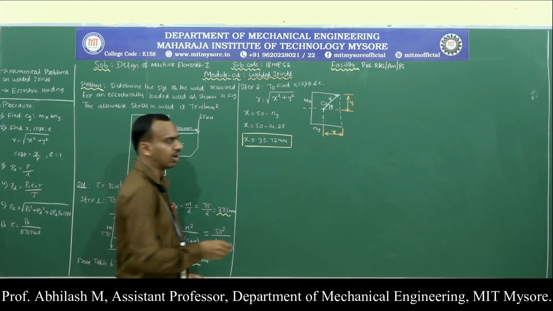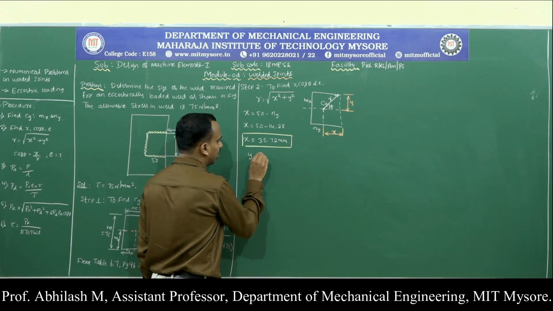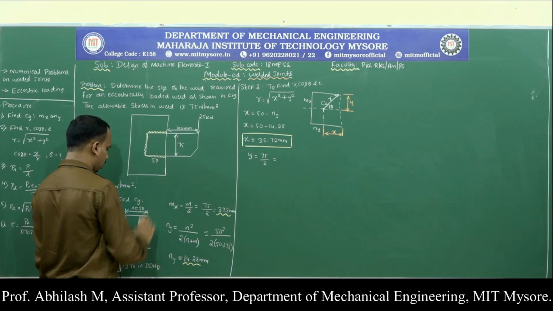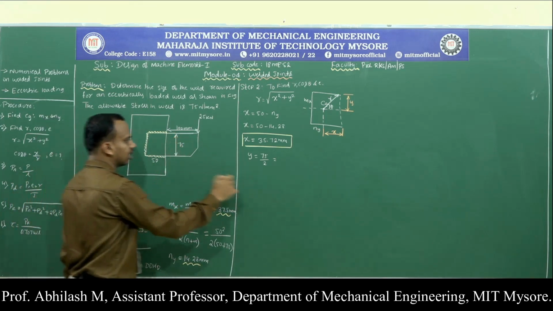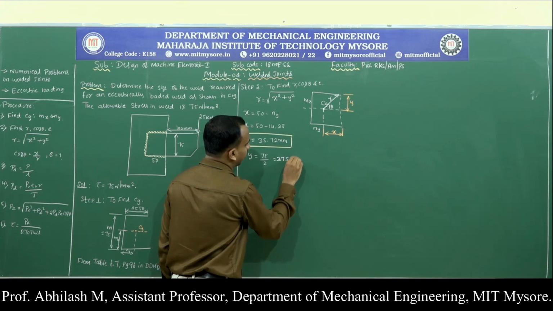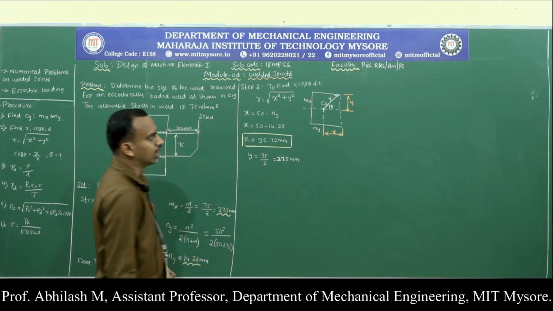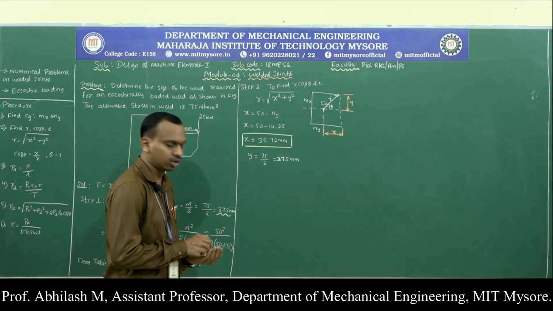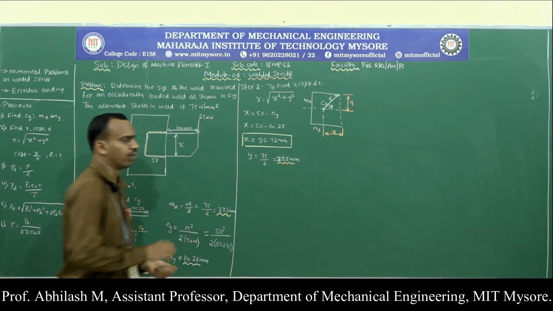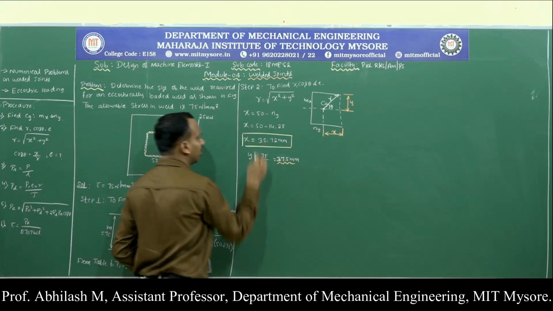Similarly, I can calculate the value of y. So y will be equal to 75 divided by 2, the center, which is 37.5 millimeter. Now we got both the values of x and y. So let us substitute in the value of r.